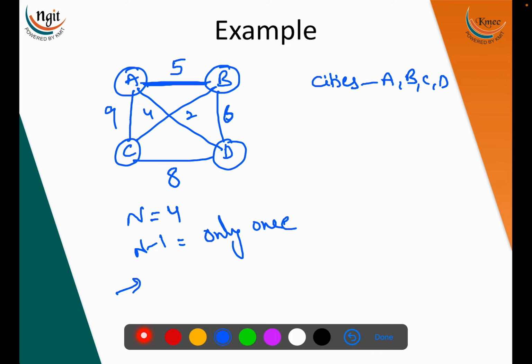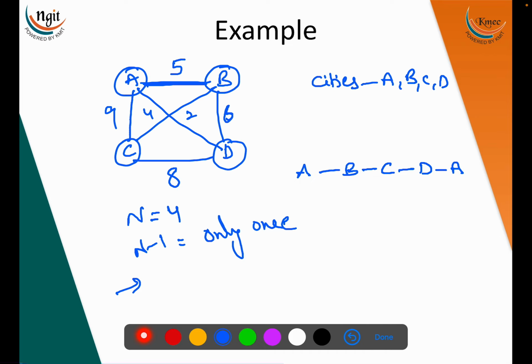One more condition: he should return to the city from which he started. That means if he started from city A, he can travel to B, later to C, later to D, and he should return back to A again. So this is the traveling salesman problem.